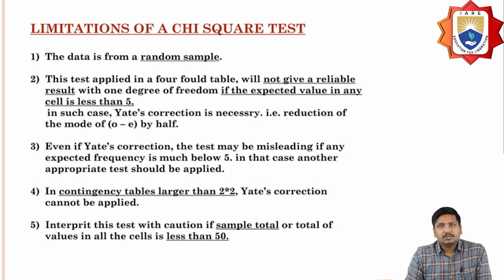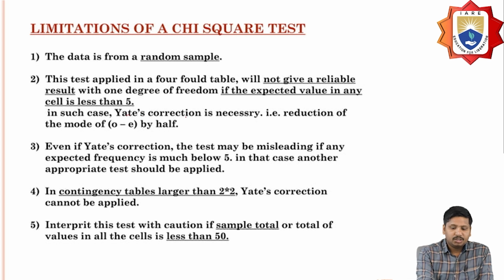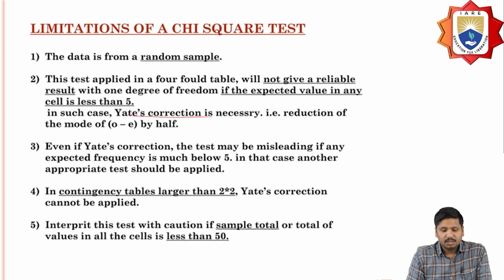So what are the limitations of this chi-square test? The very first thing is that the data must be from a random sample only. This test applied to a fourfold table will not give a reliable result with 1 degree of freedom. If the expected value in any cell is less than 5, then Yates correction is necessary.